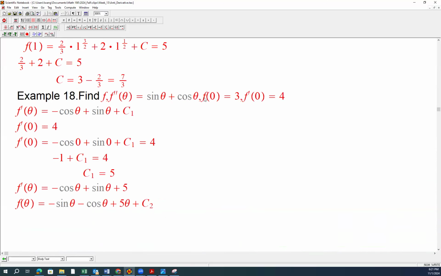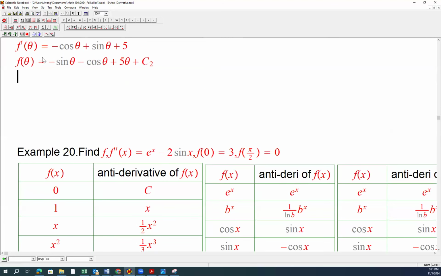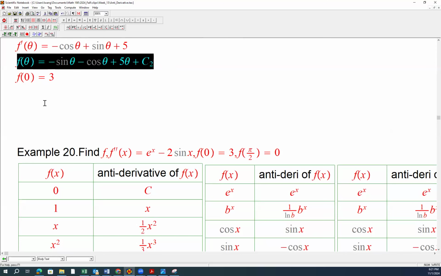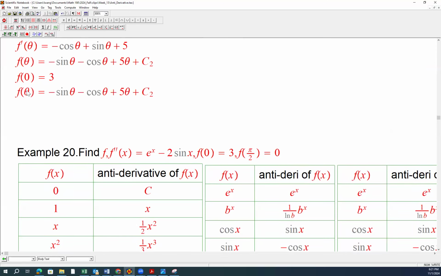And now we're going to apply the other condition. Theta equals 0 again, and f equals 3.